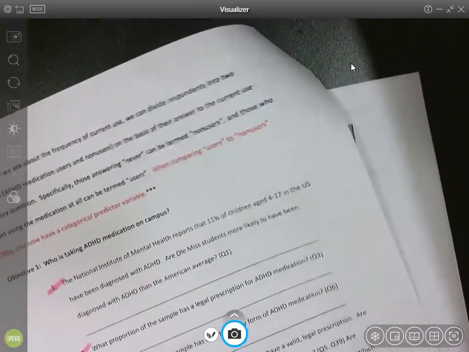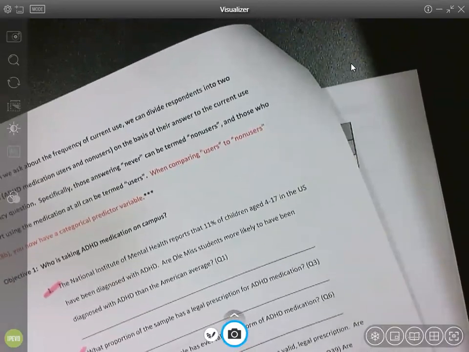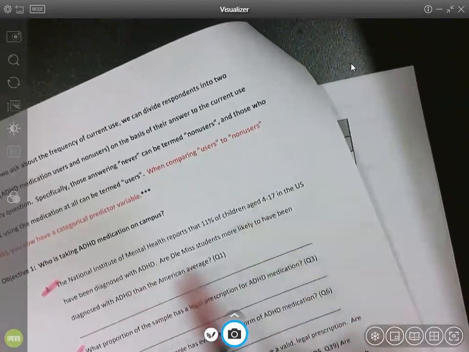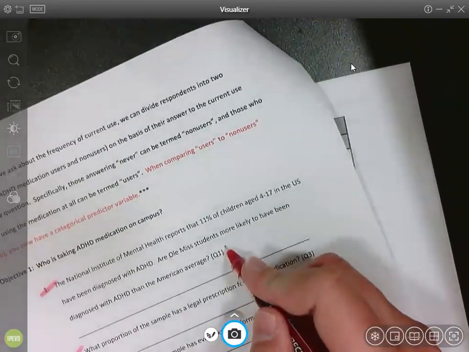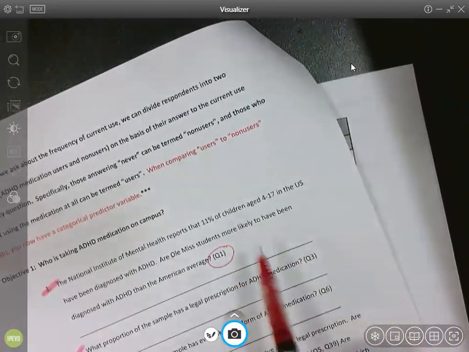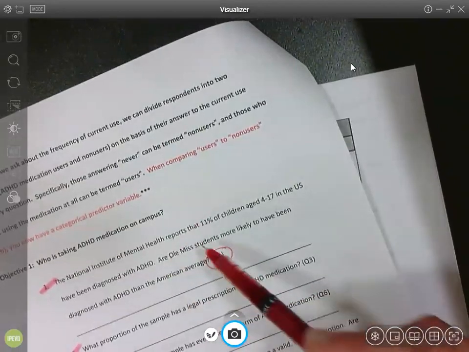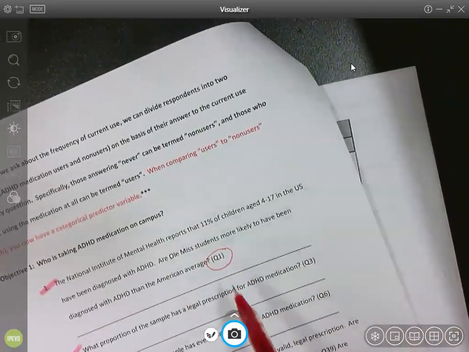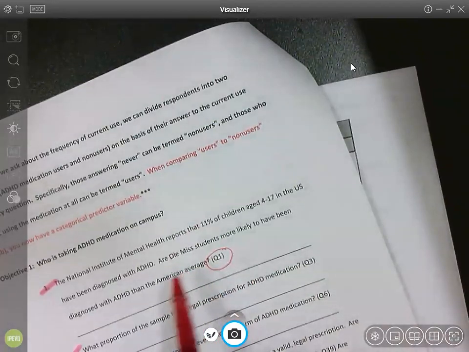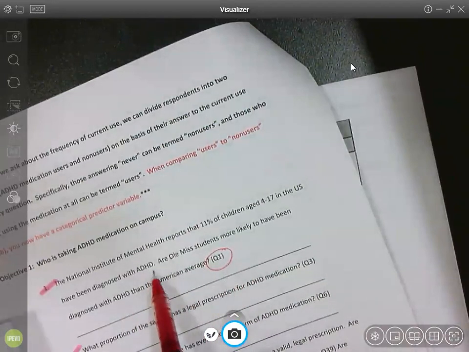All right, when you're doing these questions, you need to pay attention to the question itself, but also this number here in parentheses. It's going to show up in every question, somewhere in the sentence, sometimes in the middle, sometimes at the end. It's telling you to use the data from this question on the survey to answer this research question.